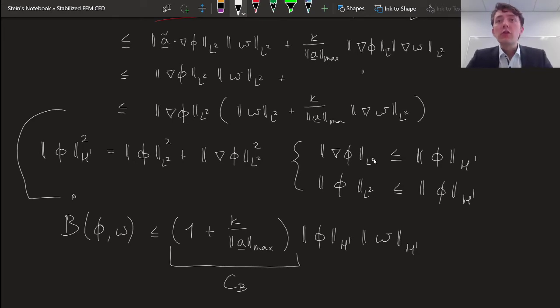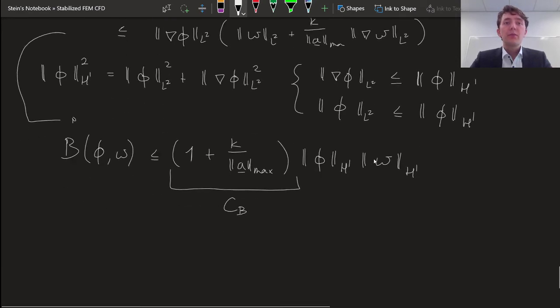So this is just another example of a proof for which we use all these inequalities and we come up with a bound, in this case from above, of our bilinear form, and that makes this our boundedness requirement. So what exactly did we need this boundedness for? Well, we used this boundedness in one of our analyses before, and that was for basic error analysis.